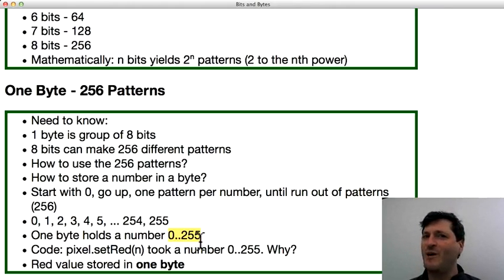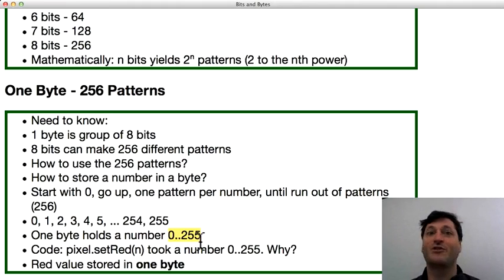This actually came up earlier when we were looking at code like pixel.setRed. And what number did it take? Pixel.setRed takes a number in the range 0 to 255. Why? The reason is that the red value for a pixel in the computer is stored in 1 byte. And that byte can store numbers in the range 0 to 255.